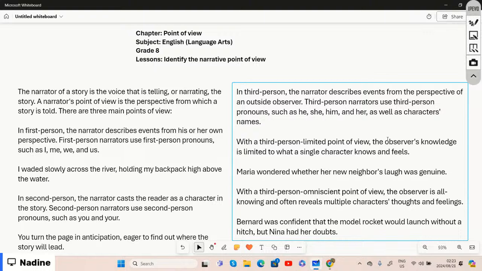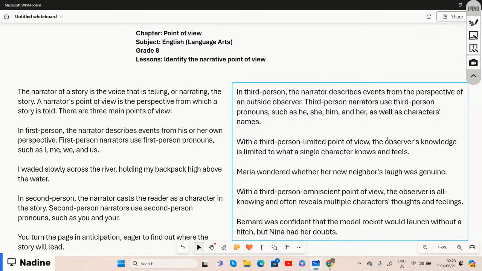So even if you, for example, write something or read a story, sometimes they ask what is the point of view within the story, or they ask what is your point of view when you read a specific story or a novel.